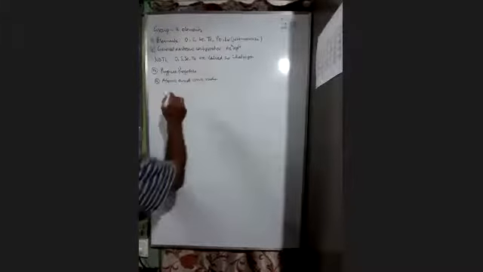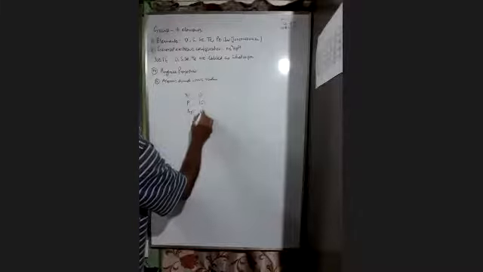Corresponding means: you have nitrogen and oxygen, phosphorus and sulfur, arsenic and selenium. Each group 16 element is smaller than its corresponding group 15 element.